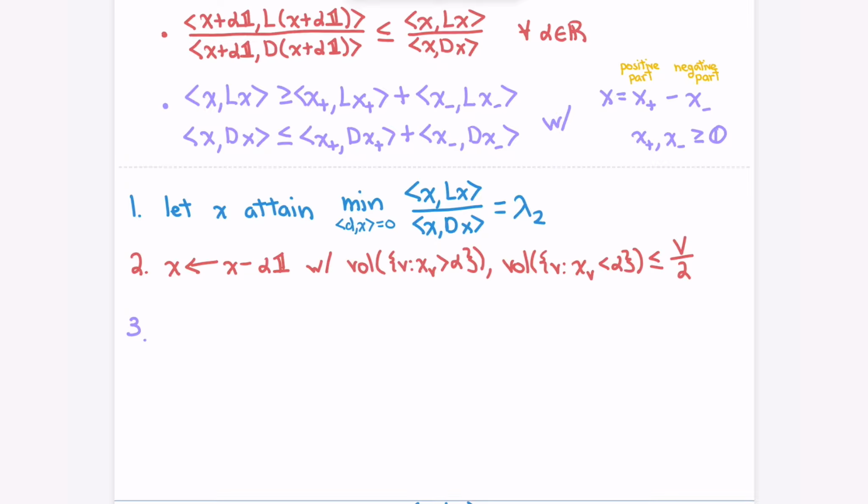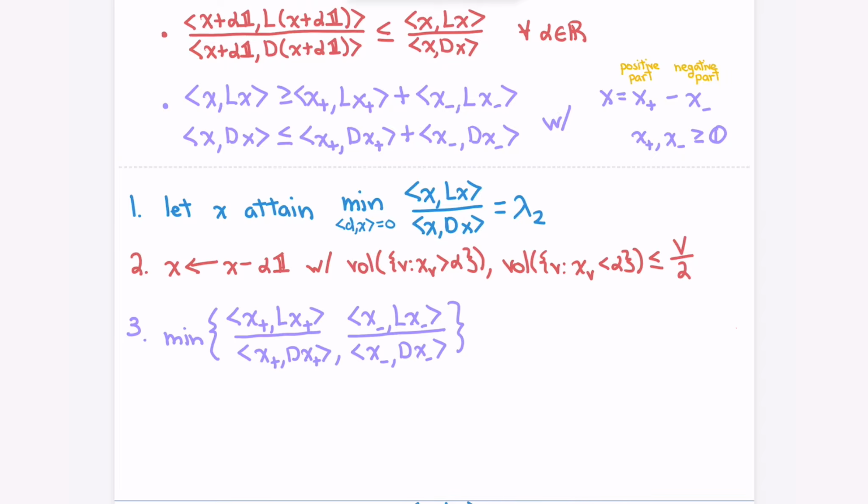Everything strictly smaller than alpha, you get volume at most half. So you figure out the point to split it, so that on either side you have almost half the volume of the graph. We haven't proven the claim yet, we'll do that. But now the next step is to split it.